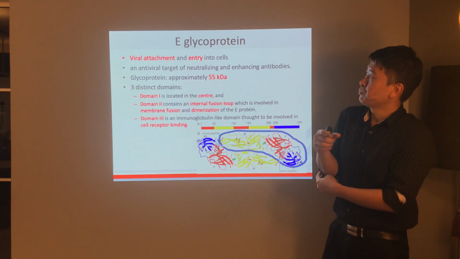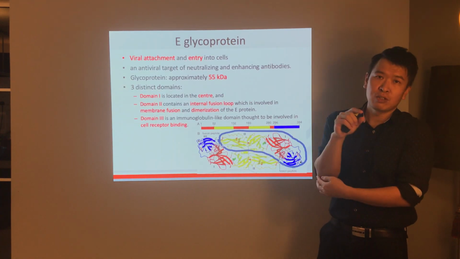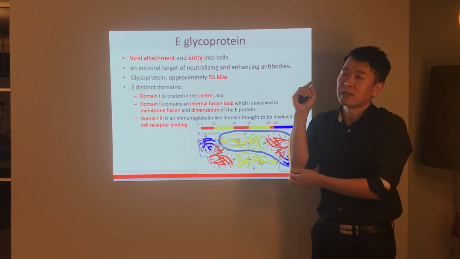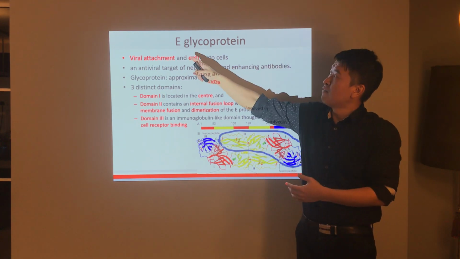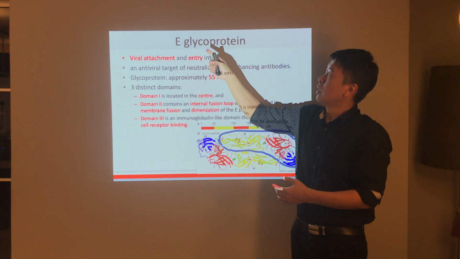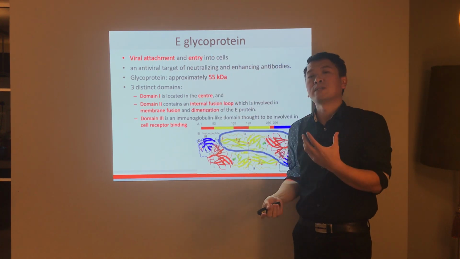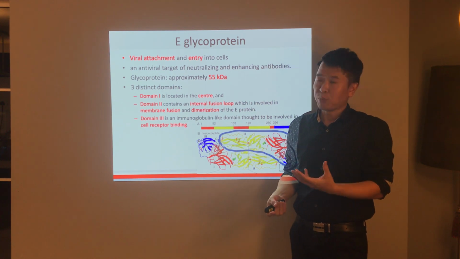Right? So let's look specifically at this glycoprotein. Why is it so important for us to look at this glycoprotein? The envelope is shortened to E. The reason we call it a glycoprotein is that this protein has been modified when it's being produced.